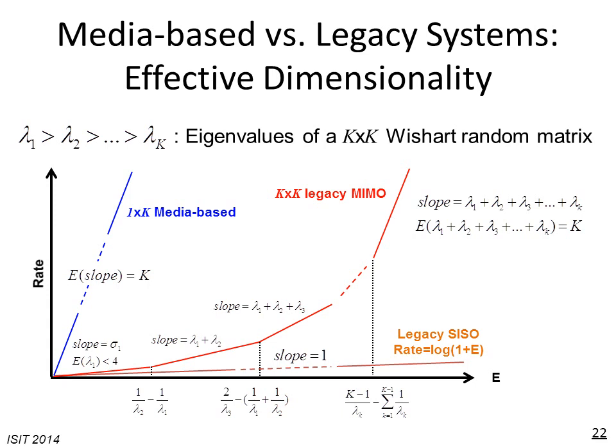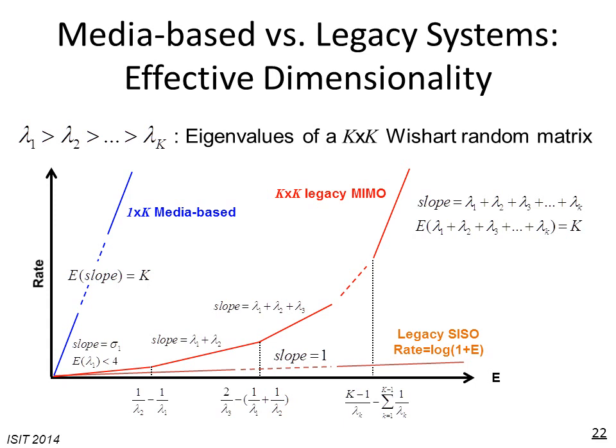The net outcome is that the MIMO channel, if the energy is low, is not a K-complex-dimensional system. It starts at the lower part of that curve. The slope is the largest eigenvalue of the channel matrix.